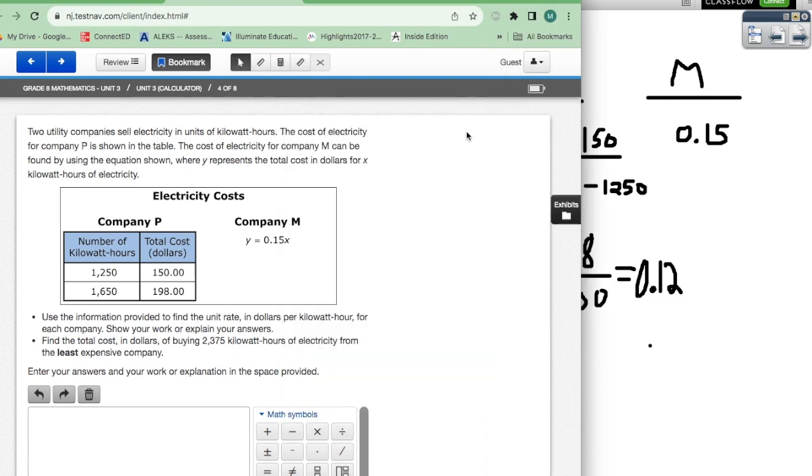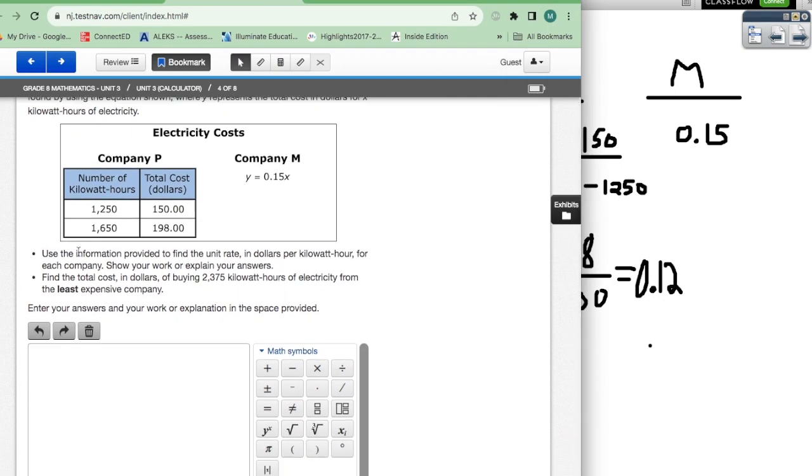All right, let's check out the questions. Use the information provided to find the unit rate in dollars per kilowatt hour for each company. Show your work or explain your answers. Okay, so let's do that part first. We'll say company M is 15 cents per, and I want to make sure to type this in right, so I'm going to copy it straight from that, kilowatt hour.